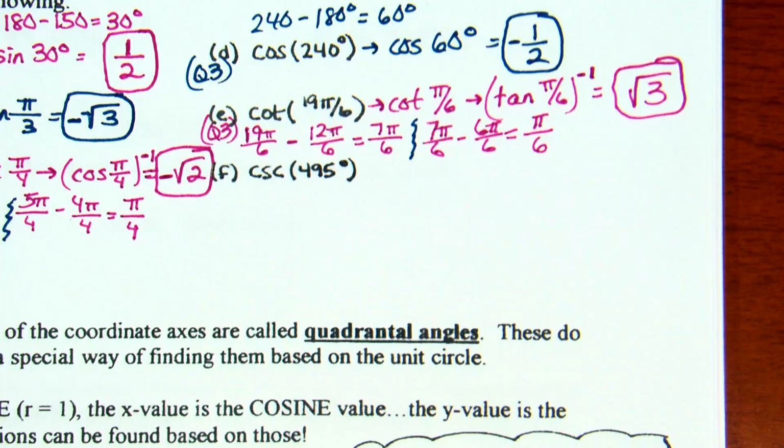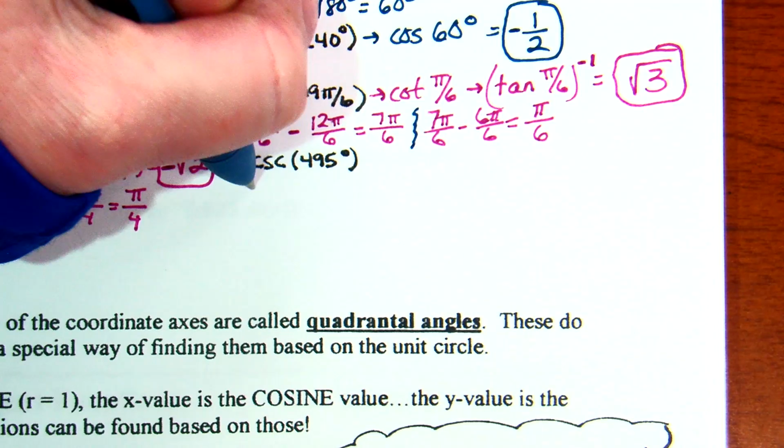When I say it's big, that means it's more than 360 or 2 pi. So how do I make it not big? Right now it's past 360, so we're going to subtract 360 to get a more workable number. 495 minus 360 is? Yes, 135.